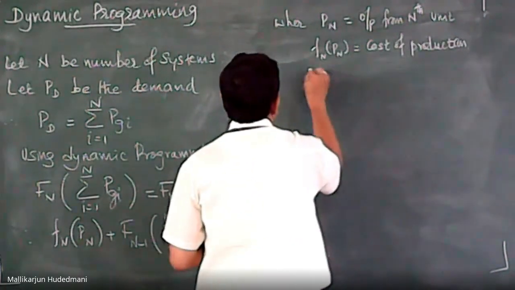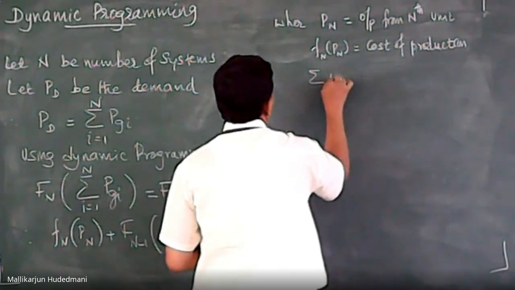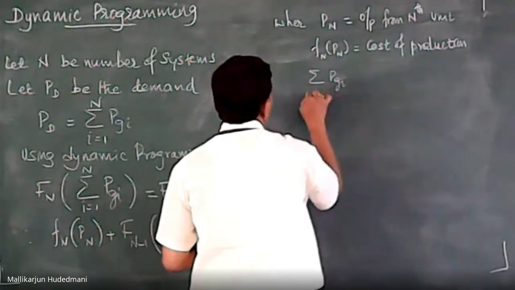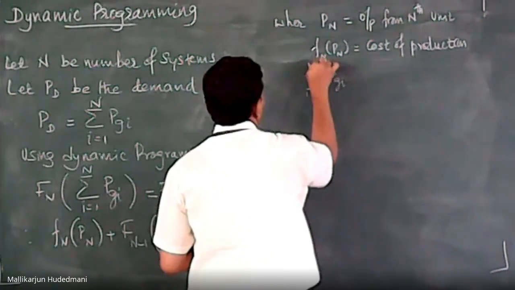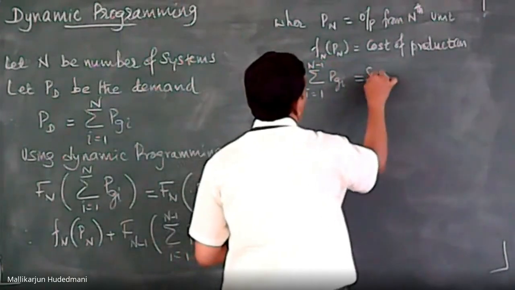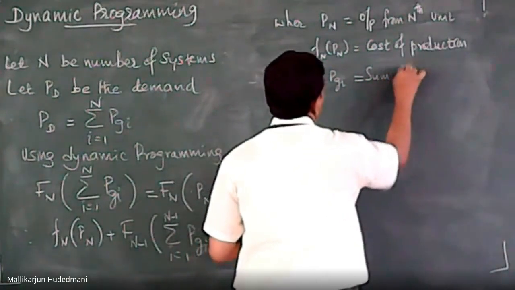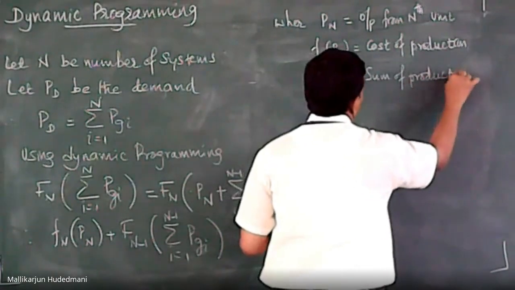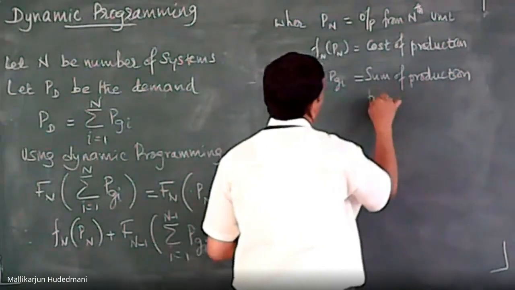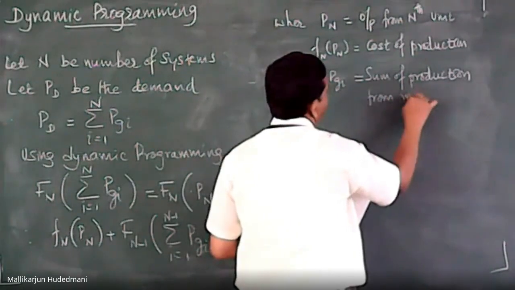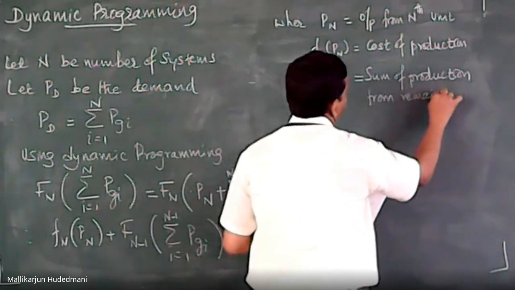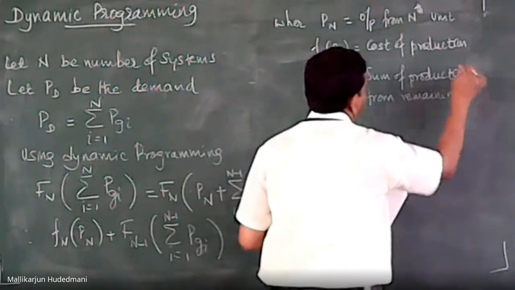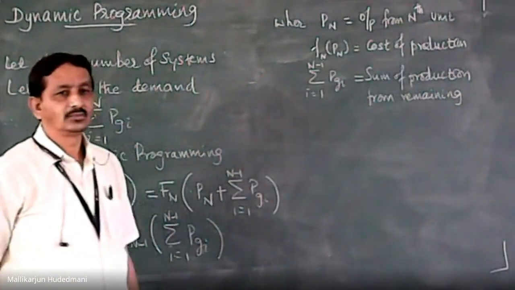Then for the remaining, we have summation Pgi, i equal to 1 to n minus 1, which is the sum of production from the remaining machines. Let me write.